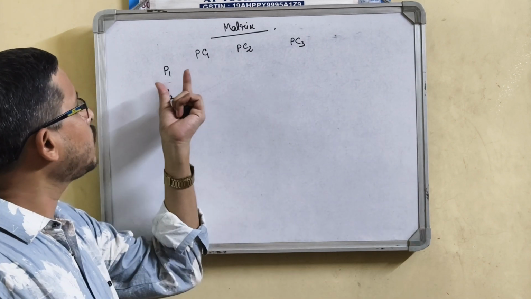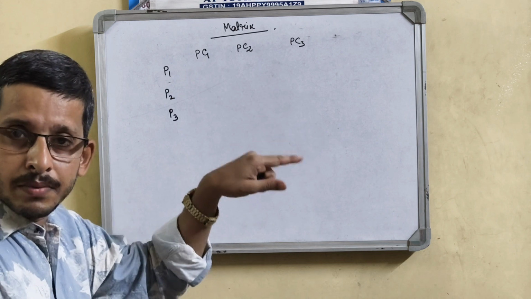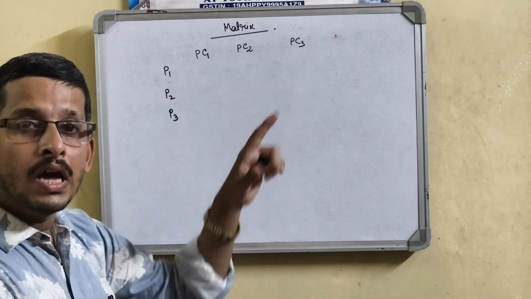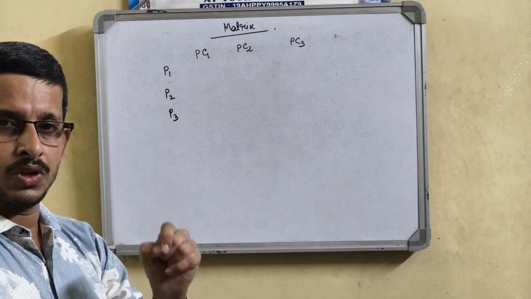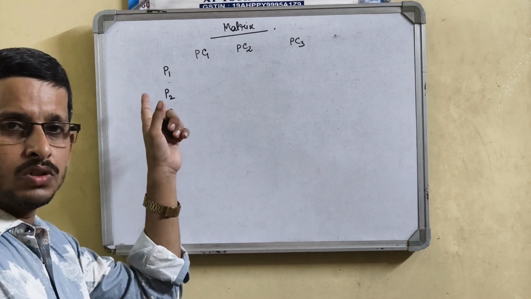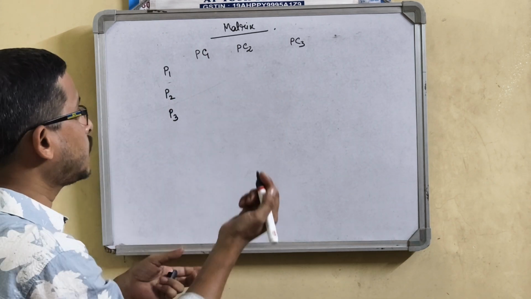Now assume that all the persons P1, P2, P3 are able to perform their tasks on all the PCs, PC1, PC2, PC3, with different remuneration or cost.